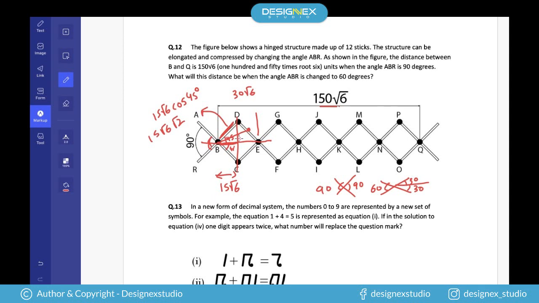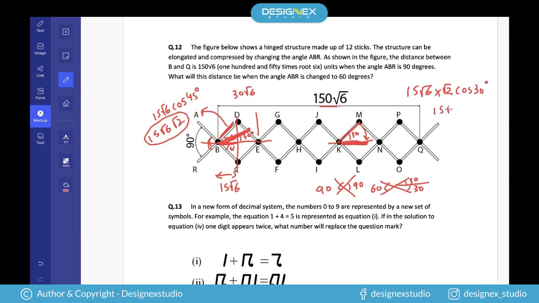If this is 30 degrees, the projection that this line is making is 15 under root 6 under root 2, into cos of 30 degrees.